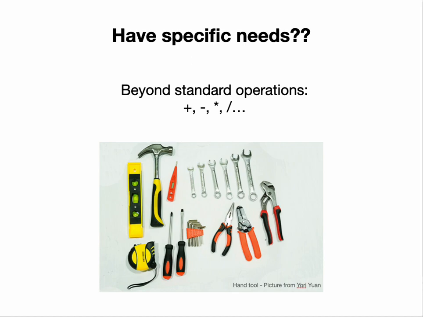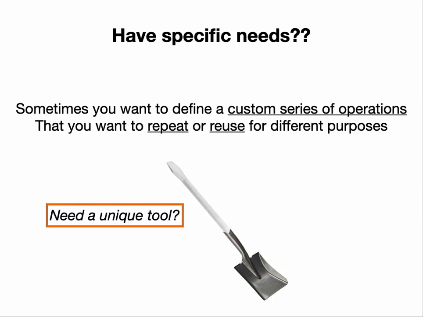One thing we want to learn is what happens when you have specific needs, when you want to do operations which are beyond the available tools you already have. So for example, plus, minus, multiplication, and division, these are all tools that are available to you, but sometimes you want something specific.